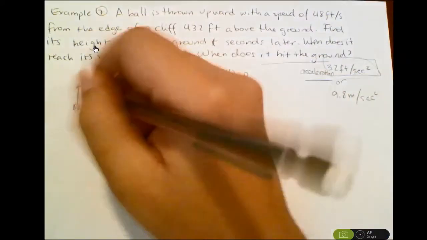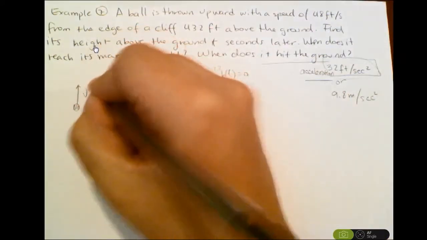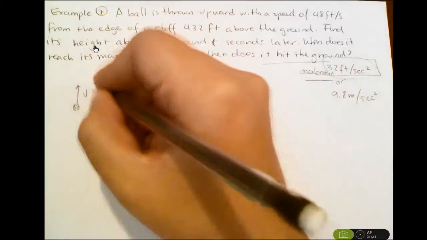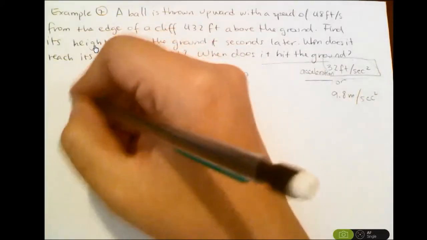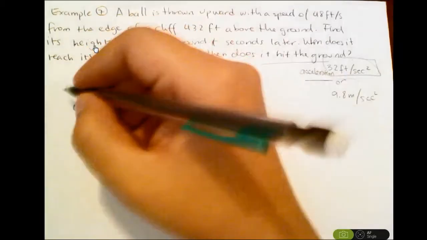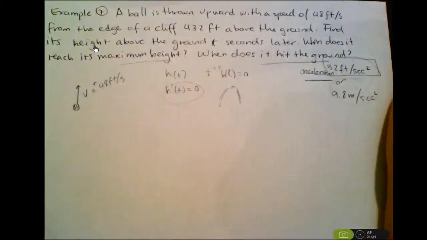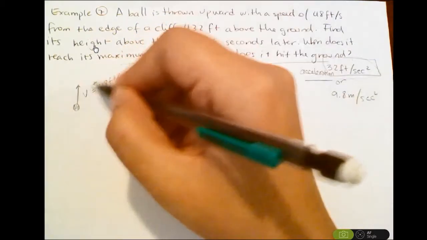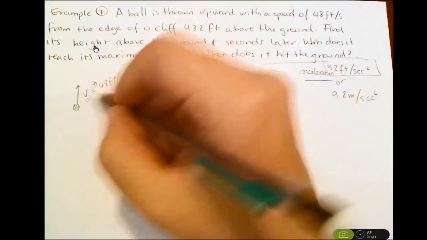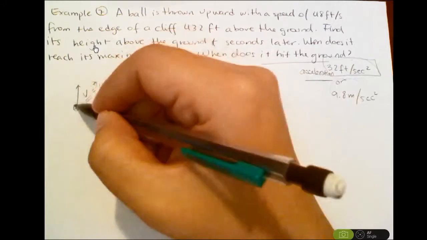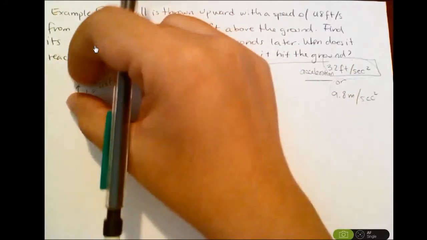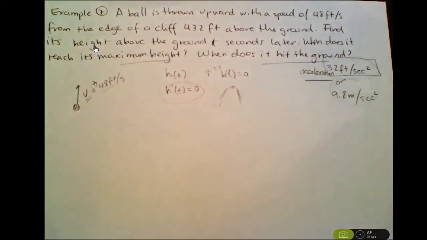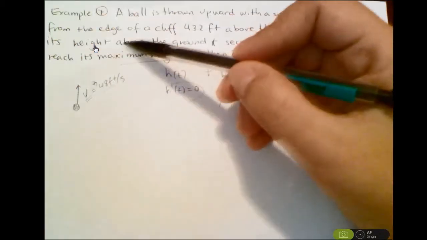The velocity is 48 feet per second, and you leave it as positive because it's going up, and let's agree that up means the positive direction. Since it's going up, the height is increasing, so this 48 is a positive 48 rather than a negative.